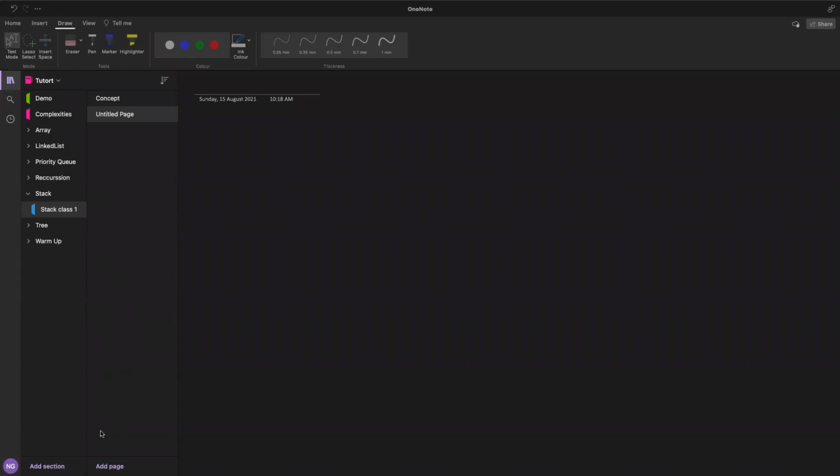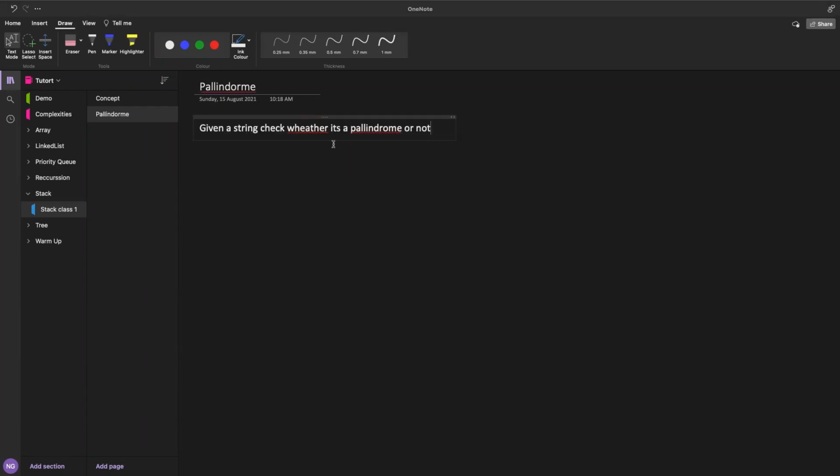Let's take a simple one. These problems can be solved with other approaches also, but keeping the stack in mind, they can be solved with the help of stack too. Suppose you are given a string and you have to check whether the string is a palindrome or not. First think about it, then we can see how it can be solved.